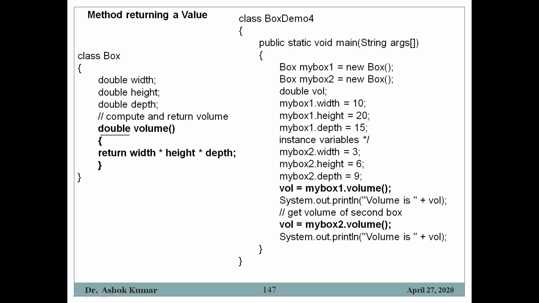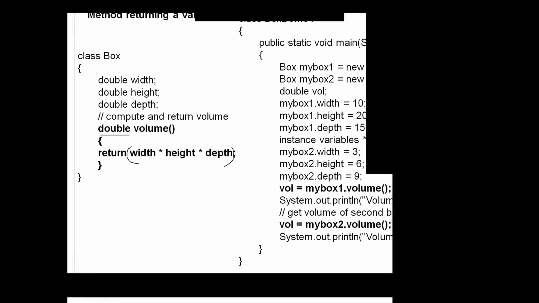So its return type is double. So what is it returning? It is returning the product of width, depth, and height. Here we can use either parentheses or no parentheses, right? So that is optional. You can use parentheses with return as well.